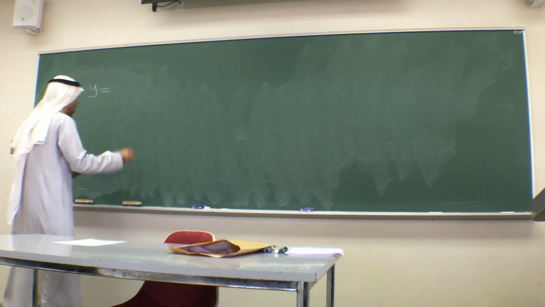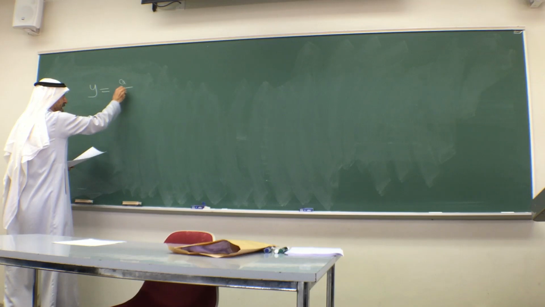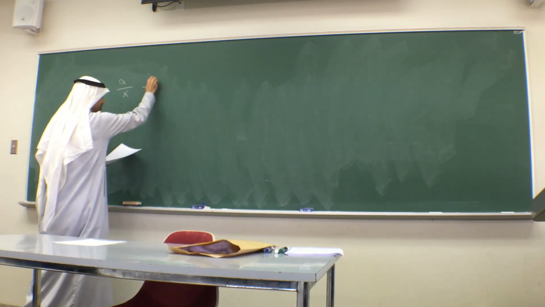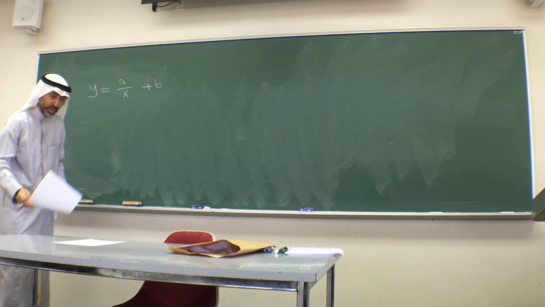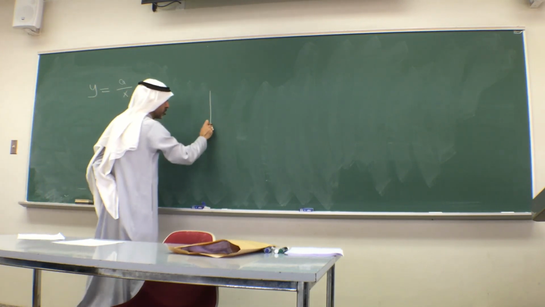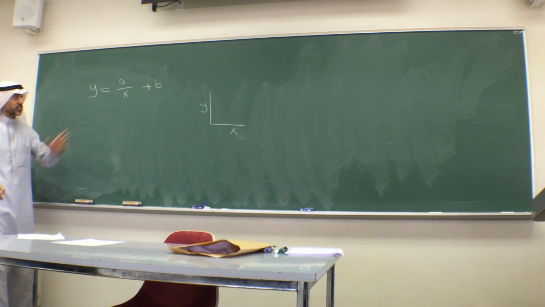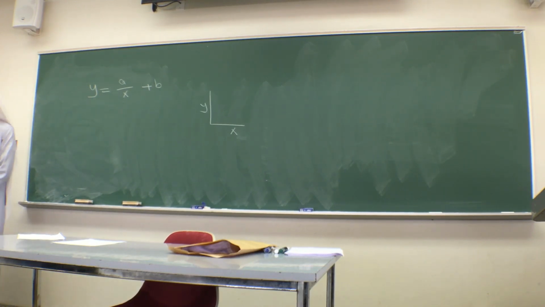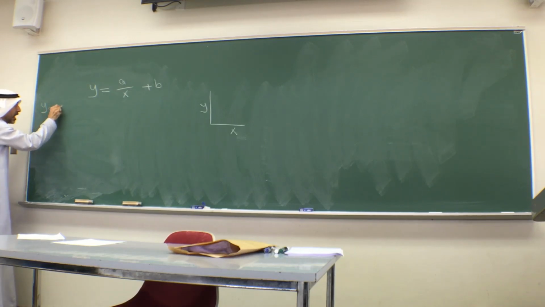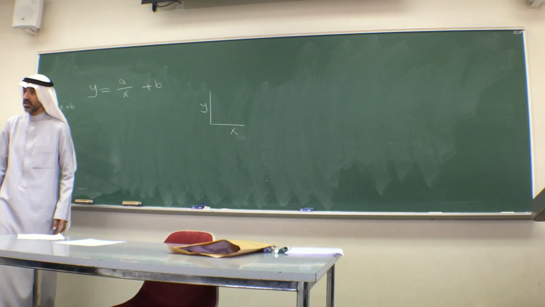Okay? Y equals A over X plus B. Now, if you put here X and here Y, will this give you a straight line? No. Why? Because the straight line should be Y equals AX plus B. This is the equation of a straight line.